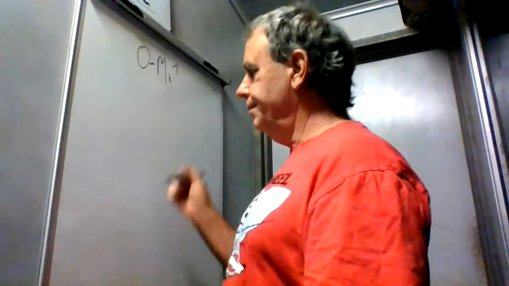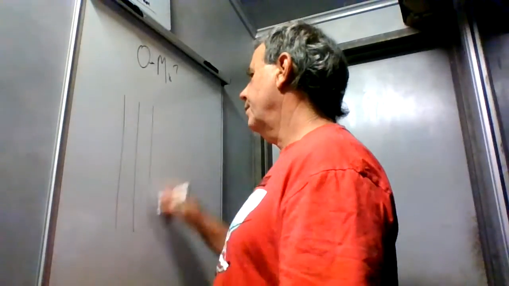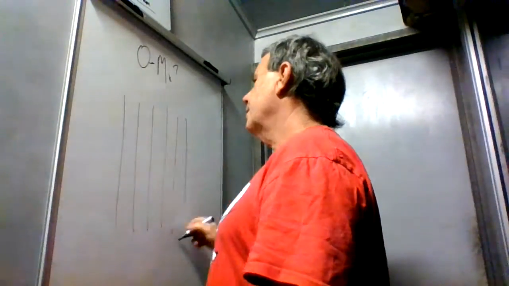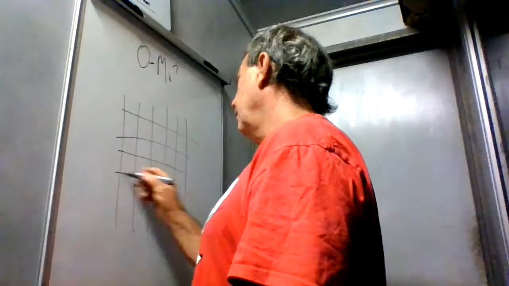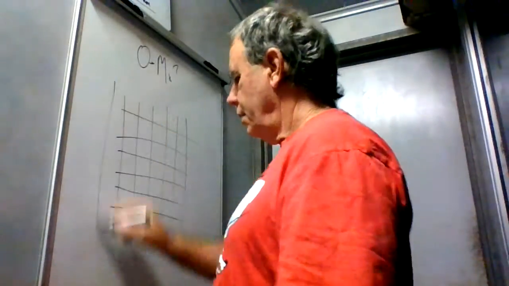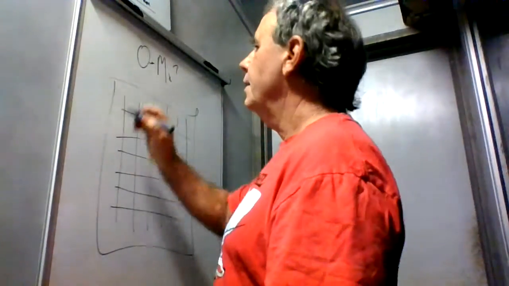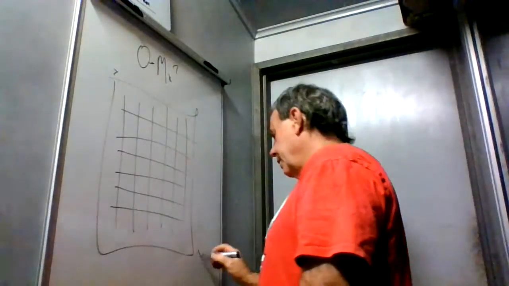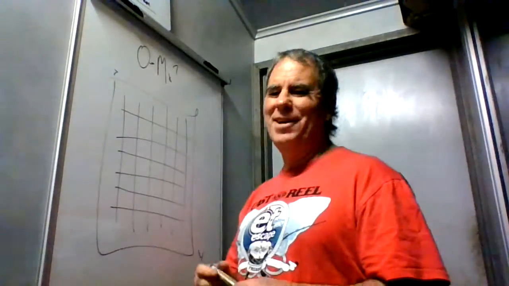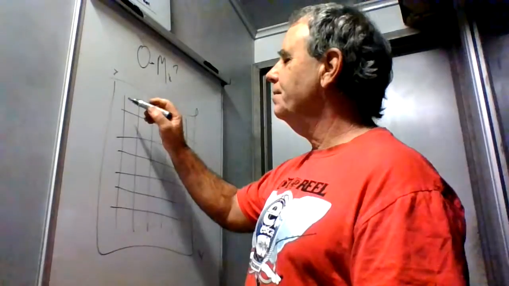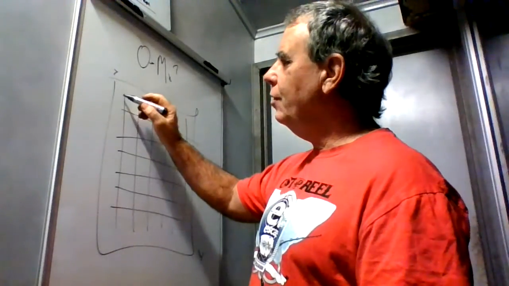So 1, 2, 3, 4, 5, 6. 1, 2, 3, 4, 5, 6. 1, 2, 3, 4. That's your X, and this is your Y, right? We're back there again, so we're moving through time now.